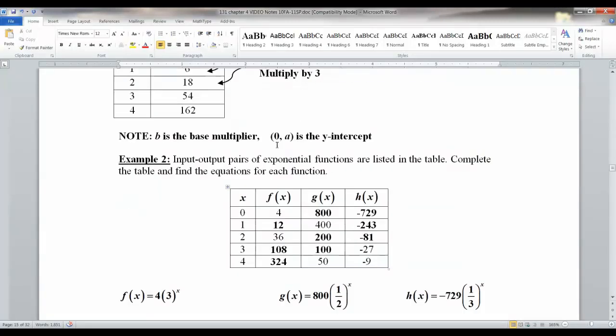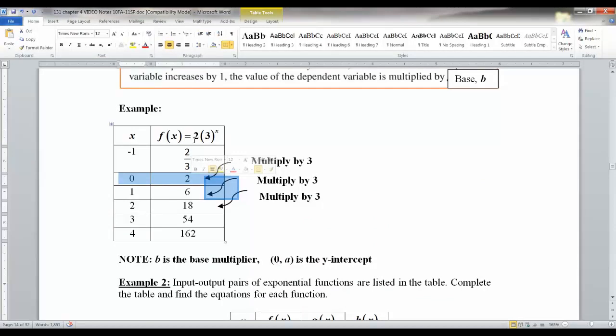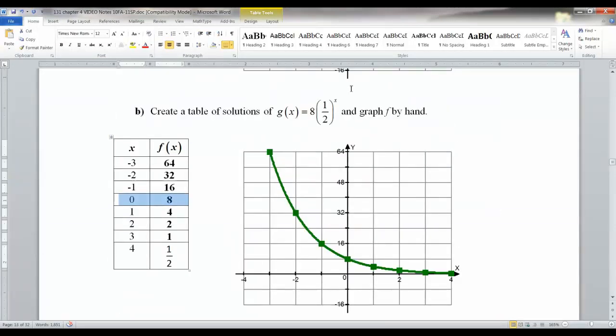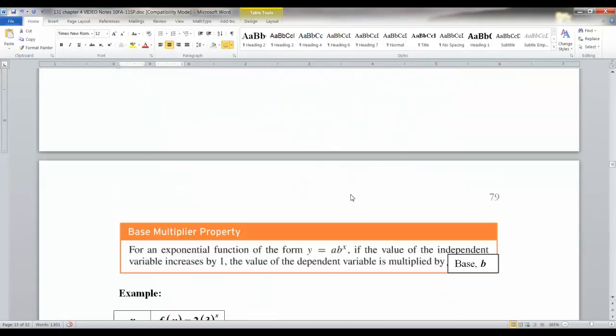If you have, right here, 0, 2, that's because 2 was your a. Or look here, 0, 8. 8 was your a. That's why it hits the y-axis. Look at that, right at 8 on that dot. And this one was 0, 4, because 4 is your letter a in front, and that's where it hits the y-axis.